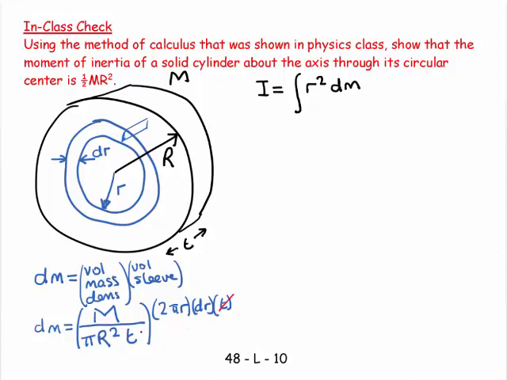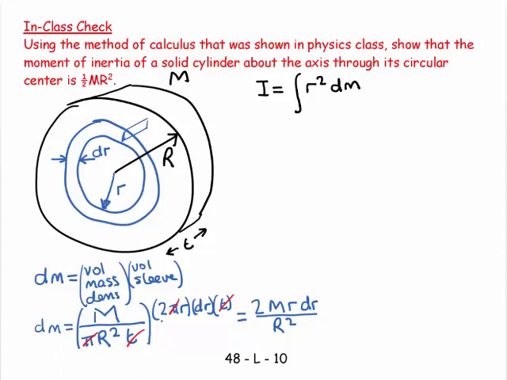So visualize it and it falls into place. My thickness cancels with my thickness, my pi cancels with my pi, and that's about it. So I can say this equals 2M r dr over R squared. I think that's everything. I'm just working my way through it.